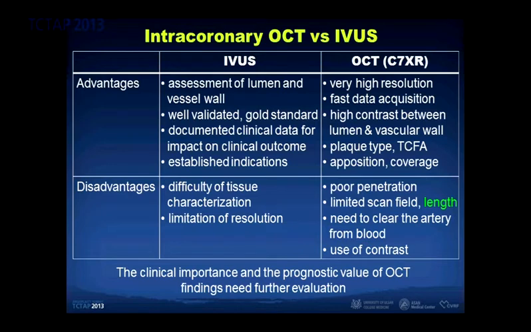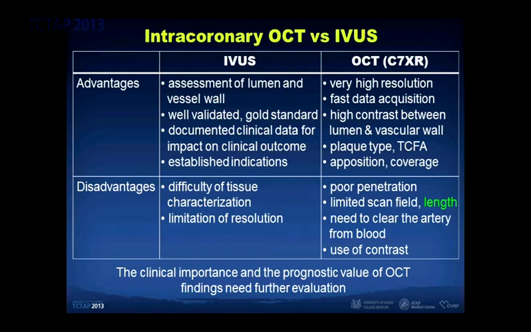By IVUS we can get the whole lumen image and it is easy to identify the vessel size. But the detailed assessment of the plaque is very difficult by IVUS.